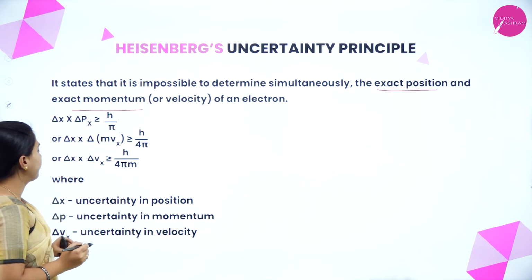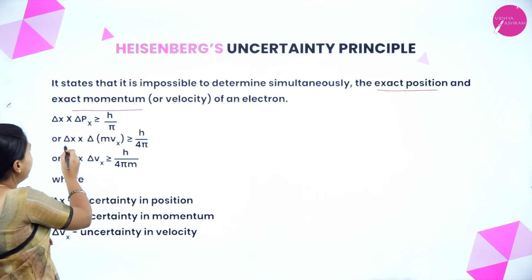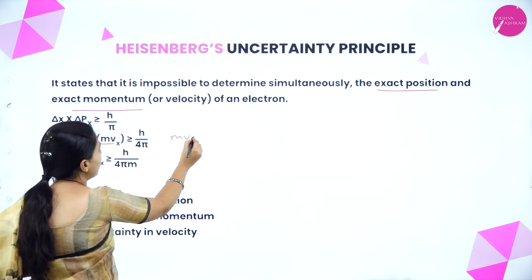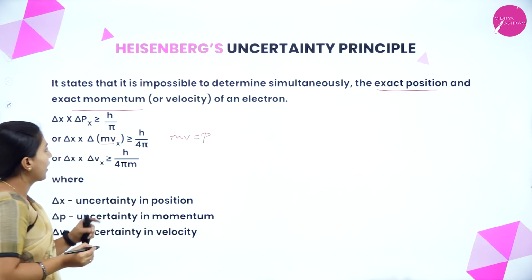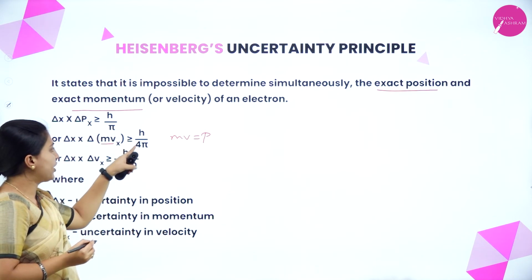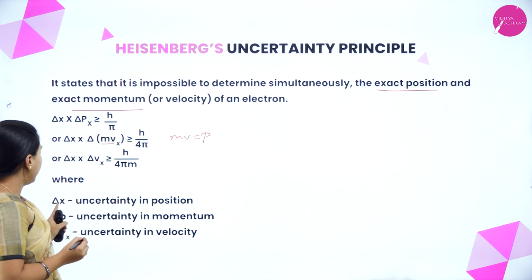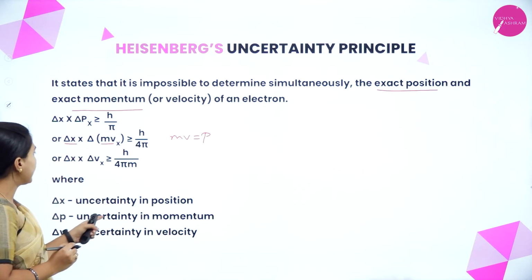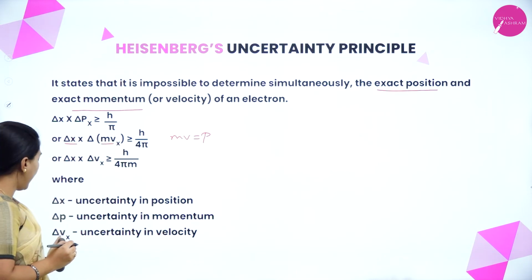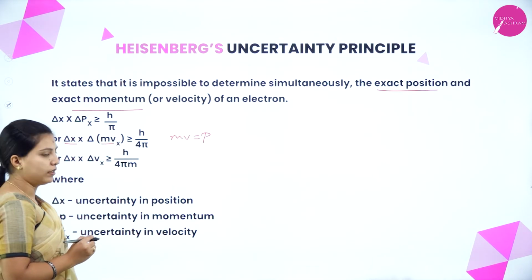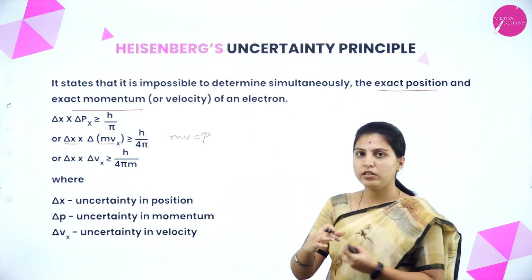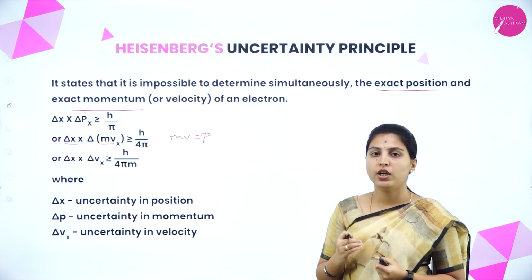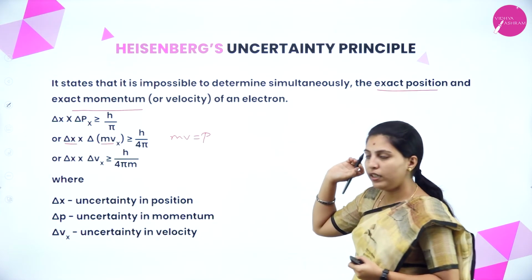We can write it as delta x into mv, mass into velocity equals p, that is equal to h by 4 pi, where delta x is uncertainty in position, delta p is uncertainty in momentum, and v is velocity. He told again that he could not explain the exact position and exact velocity simultaneously of an electron.